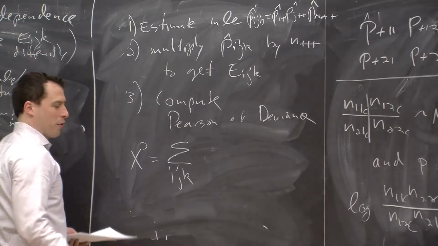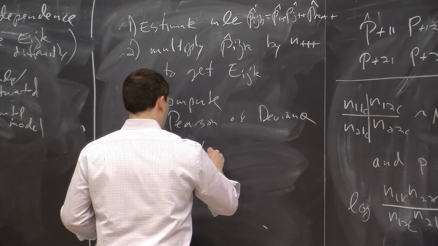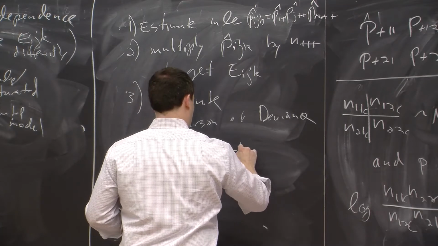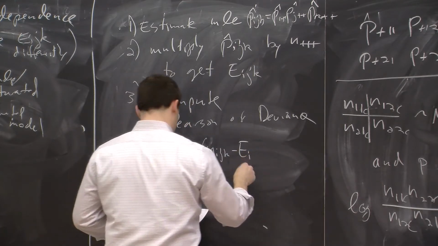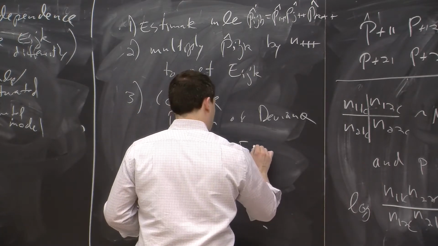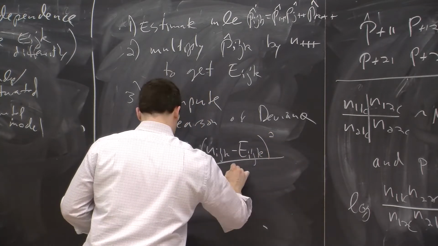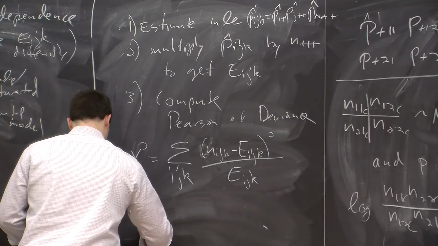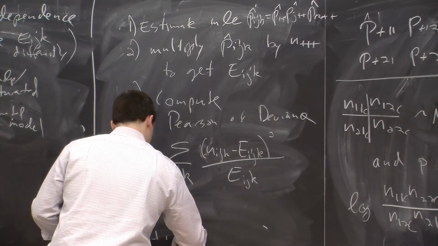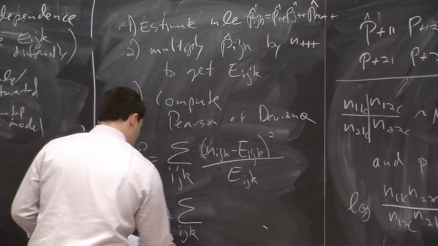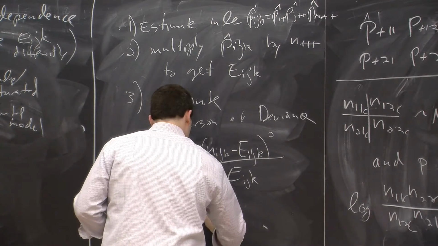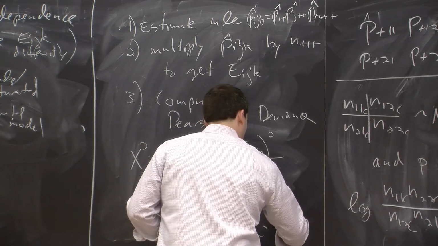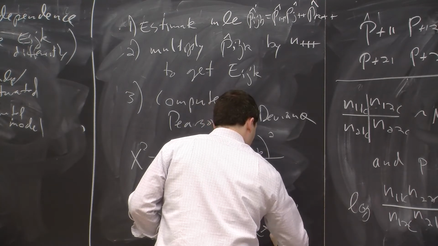Now we're summing over 3 indices, ijk. For Pearson, it's the sum of observed minus the expected, squared, divided by the expected, or twice the sum over ijk for the deviance test, observed times log ratio of observed to expected.